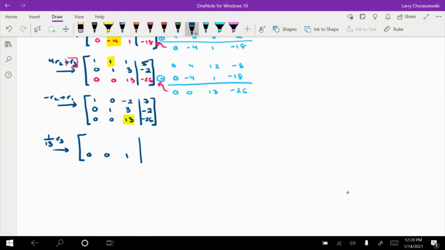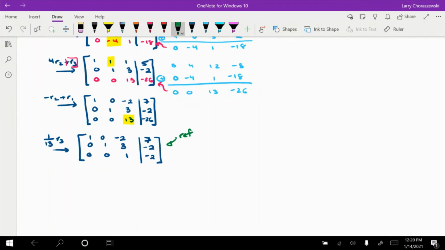And 1/13 times negative 26 is negative 2.